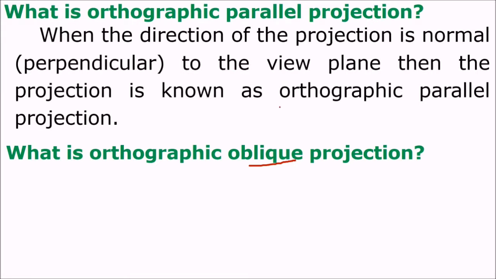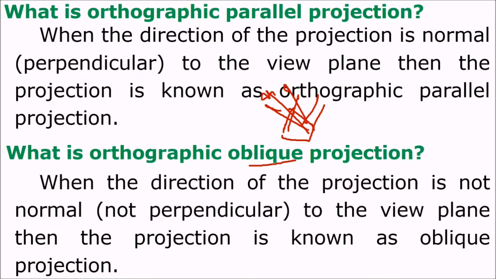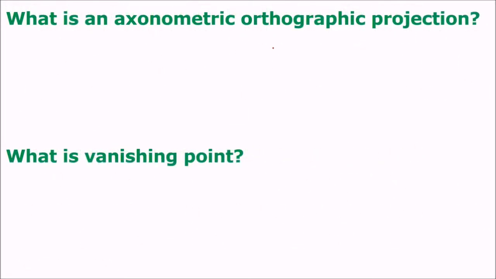When the direction of the projection is normal, perpendicular to the view plane, like this, then the projection is known as the orthographic parallel projection. And when it is oblique, like this, when the direction of the projection is not normal, not perpendicular to the view plane, then the projection is known as the oblique projection.